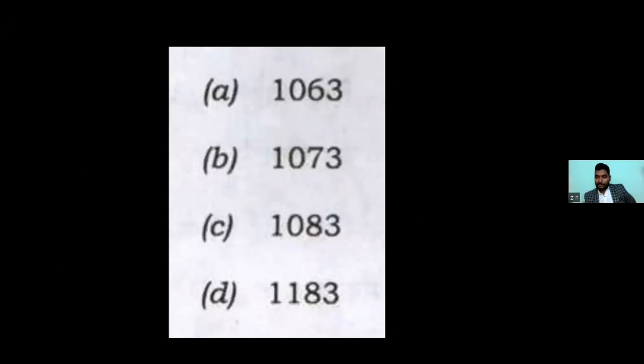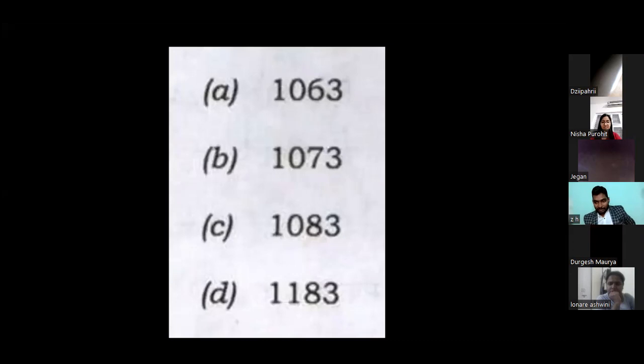Okay, if I ask you, Nisha, give me an answer from among these 4 options. One answer is correct. Can you give me the correct answer for sure? Yes, sir. Sir, I think 1183 is the correct answer, and you are telling this without even reading the question. Yes, sir. Sir, the other 3 options look similar.